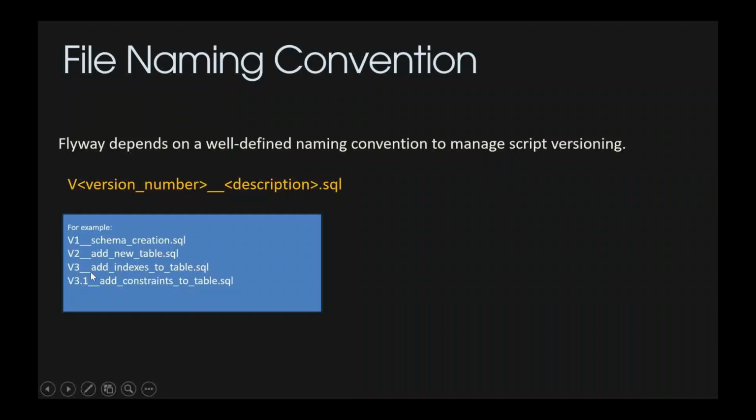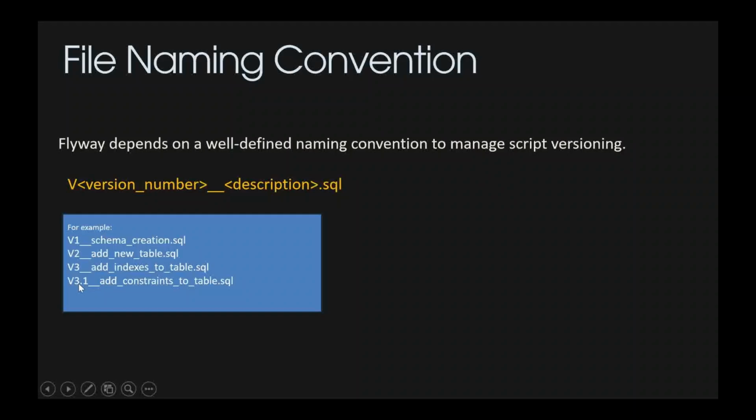Now you may get confused about why I added v3.1 and haven't added v4. You can go with v4 or v3.1, that is okay, but you need to make sure you add v upfront to the version. You can use the minor version also, and after that you add two underscores.